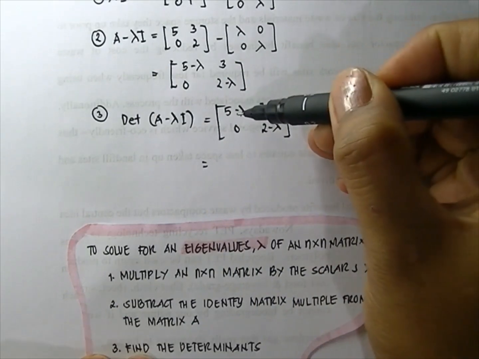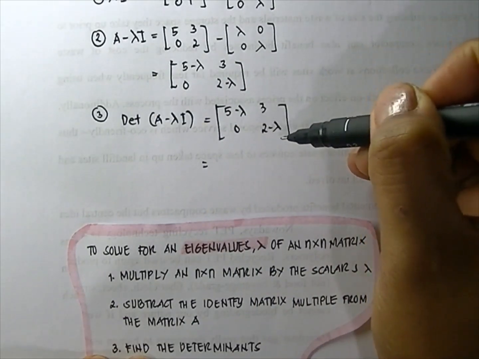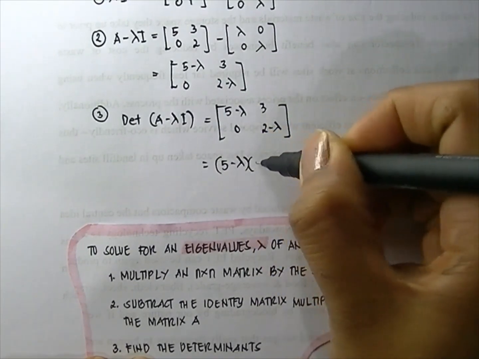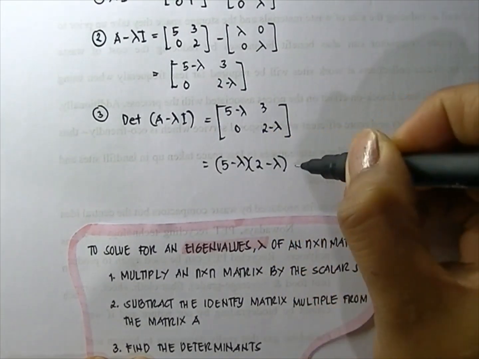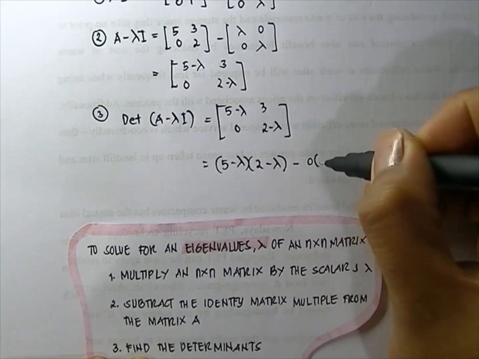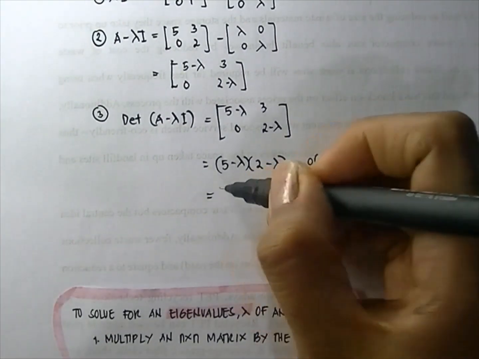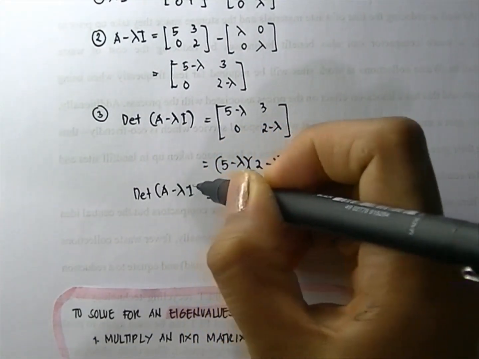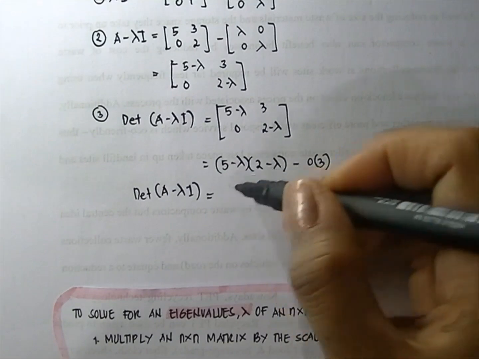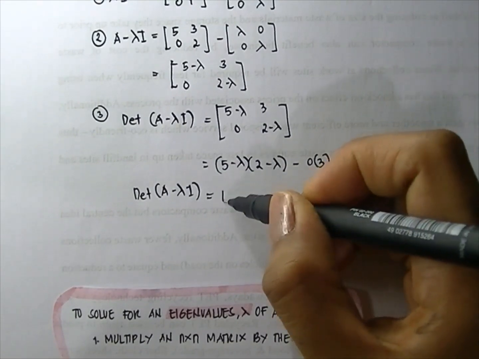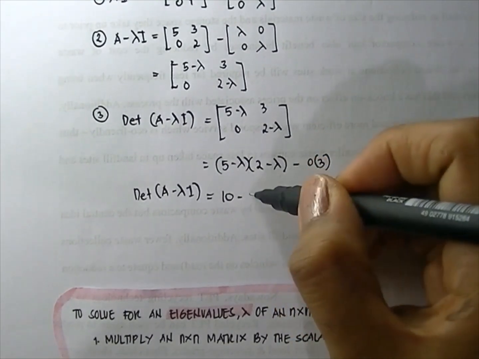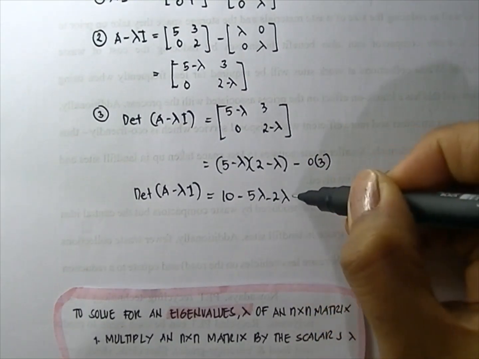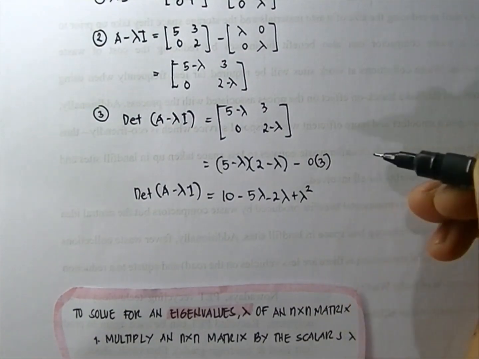So, top left multiplied by bottom right, we have 5 less lambda multiplied to 2 less lambda minus 0 times 3. So, the determinant of A less lambda I is 10 less 5 lambda less 2 lambda plus lambda squared.